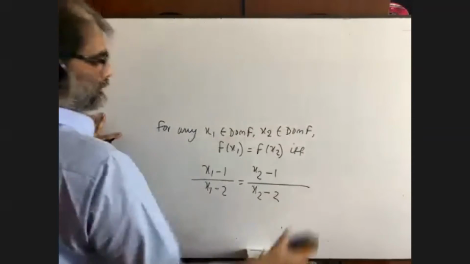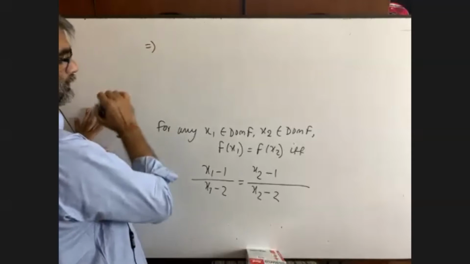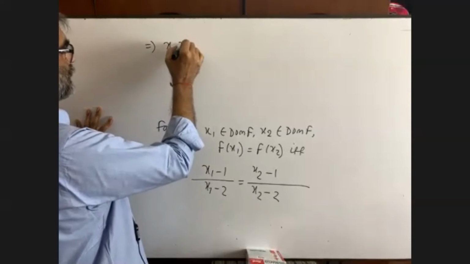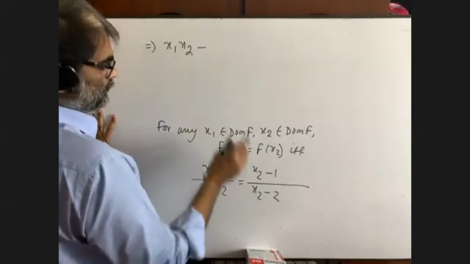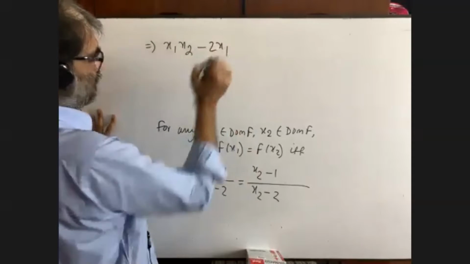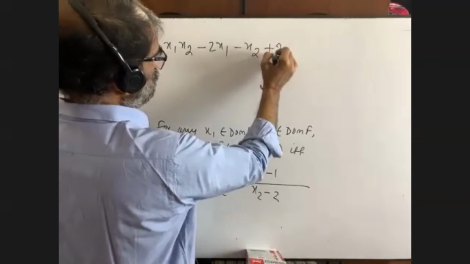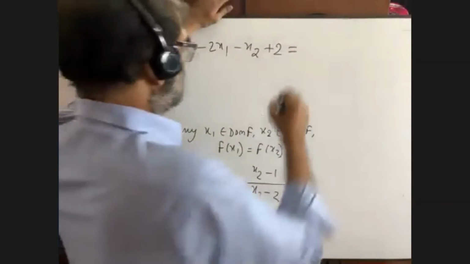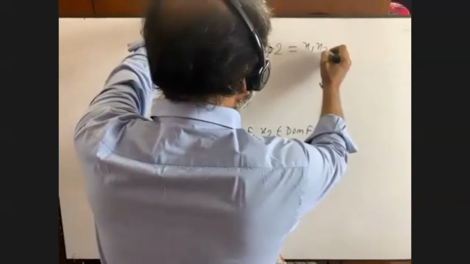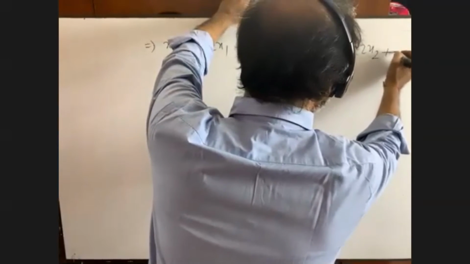Then we can write down x1x2 minus 2x1 minus x2 plus 2 is equal to x1x2 minus x1 minus 2x2 plus 2.